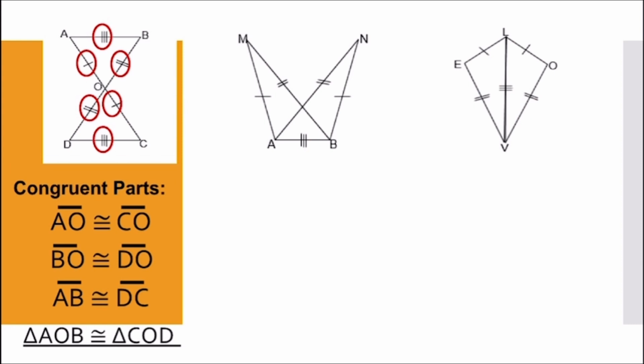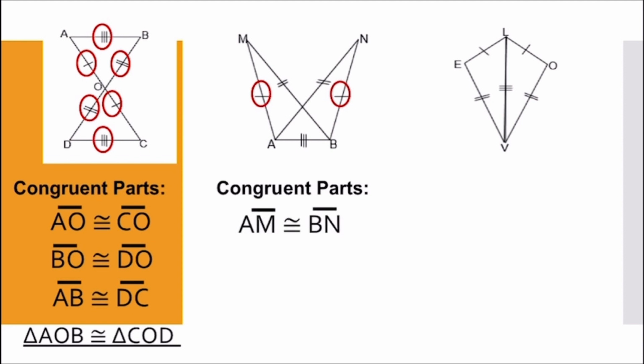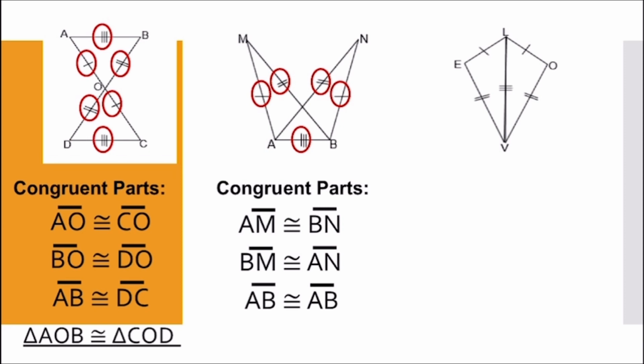For the second figure, let's identify the congruent parts. Line segment AM is congruent to line segment BN. Next, line segment BM is congruent to line segment AN. And for the last pair of congruent sides, line segment AB is congruent to line segment AB. Then, triangle ABM is congruent to triangle BAN.